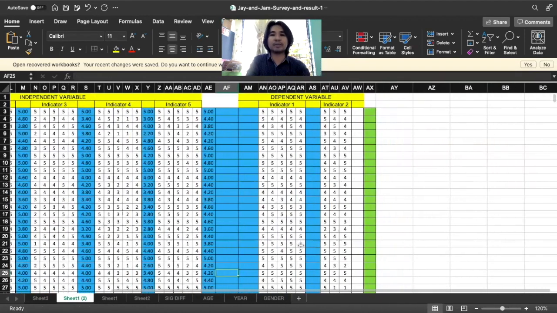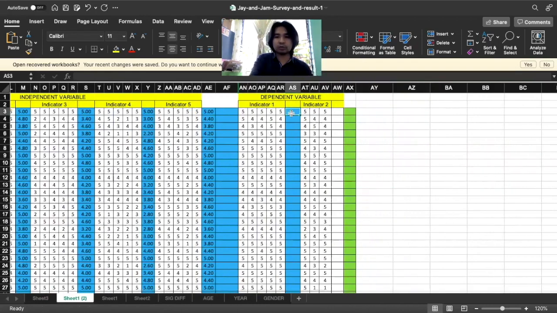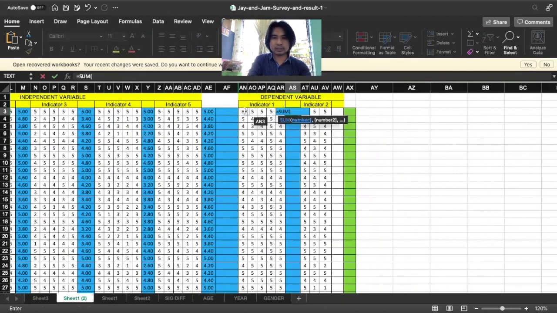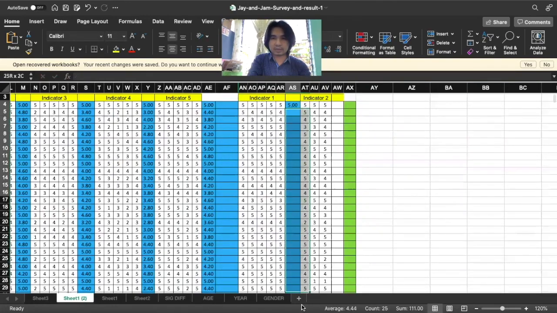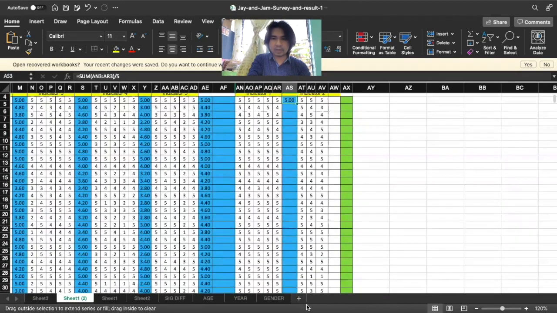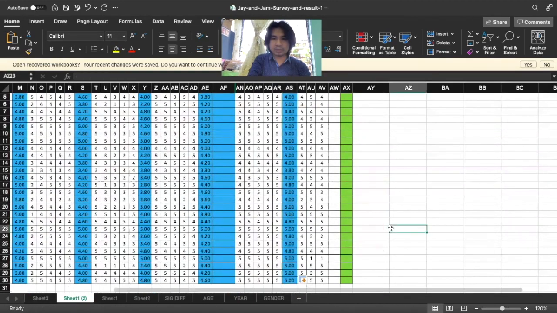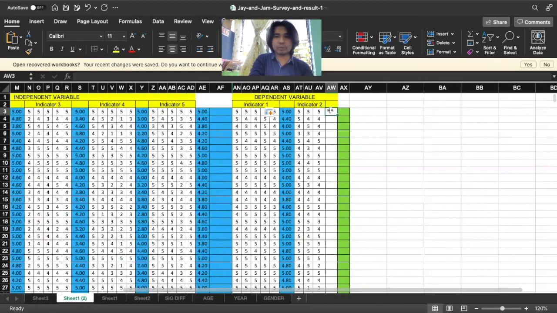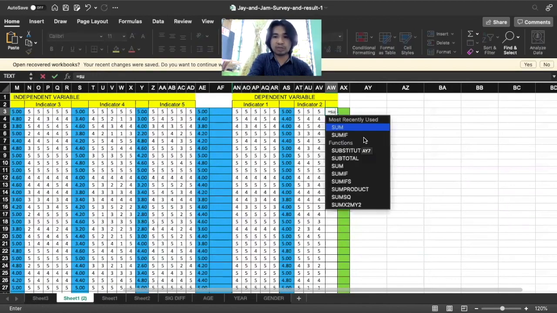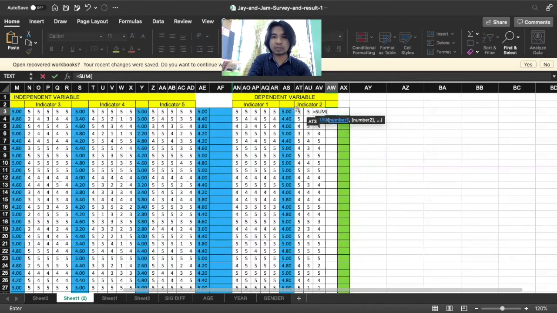So for the dependent variable, we will also be solving the mean for indicator 1, to be divided by 5. For indicator number 2 of the dependent variable, there are 3 items, so we will divide this by 3 items only.